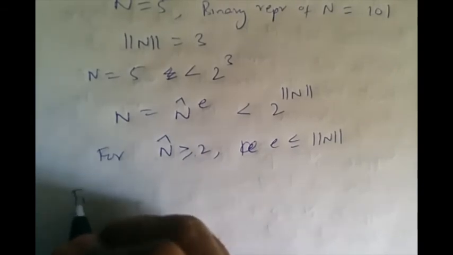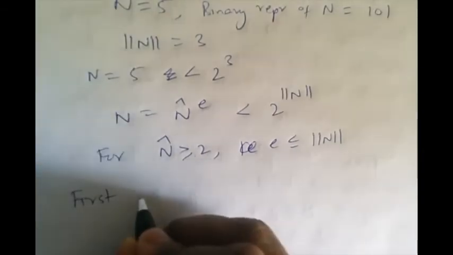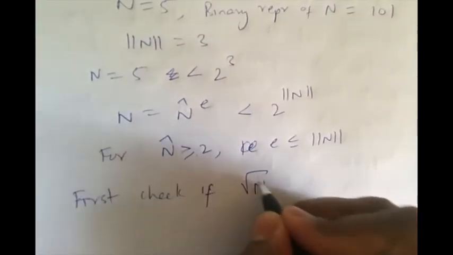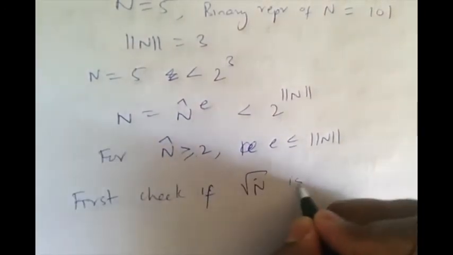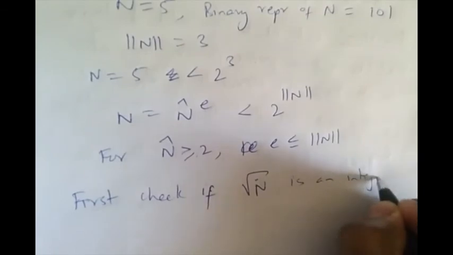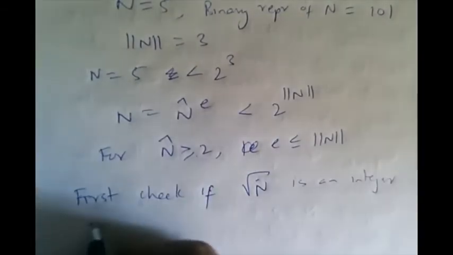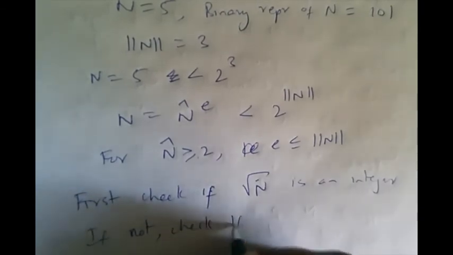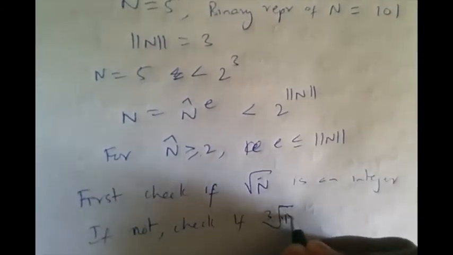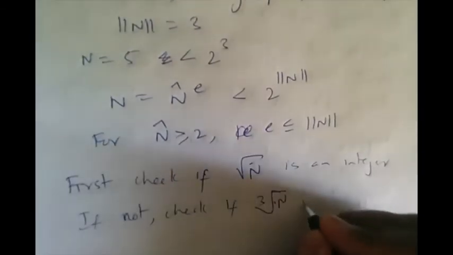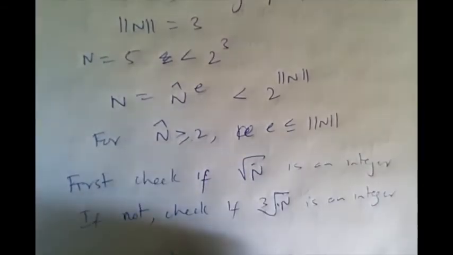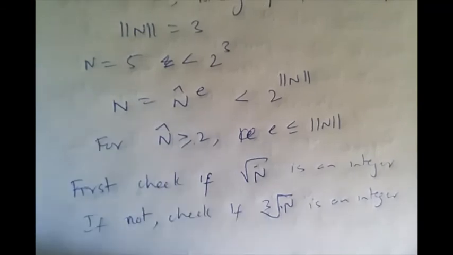First check if the square root of n is an integer. If not, check if the cube root of n is an integer. So this is real arithmetic, and this can be done in time which is polynomial in the number of bits in n.